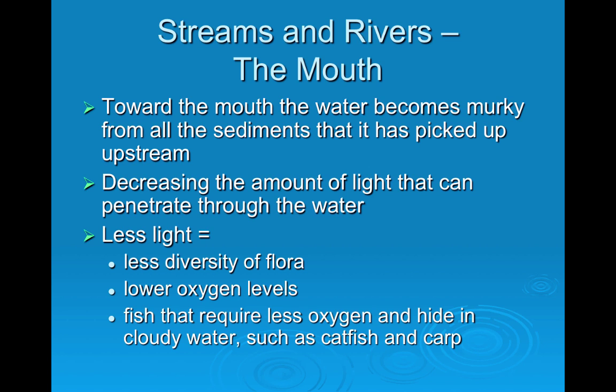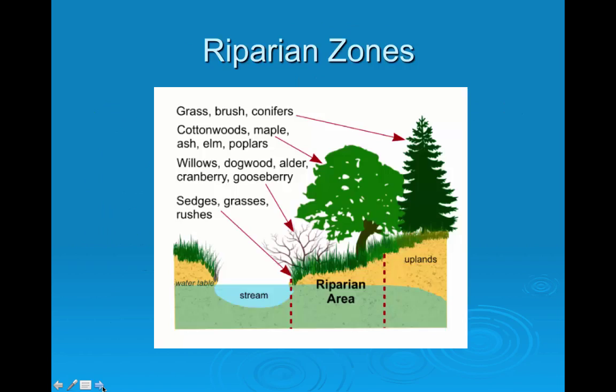So again, catfish and carp that like to hide in muddy water and can handle the warmer, less oxygenated water live there. All right, riparian zones are very highly biodiverse areas that run along a stream, usually along the floodplains. They take advantage of all of that rich dirt, which I've been referring to as silt that's there.